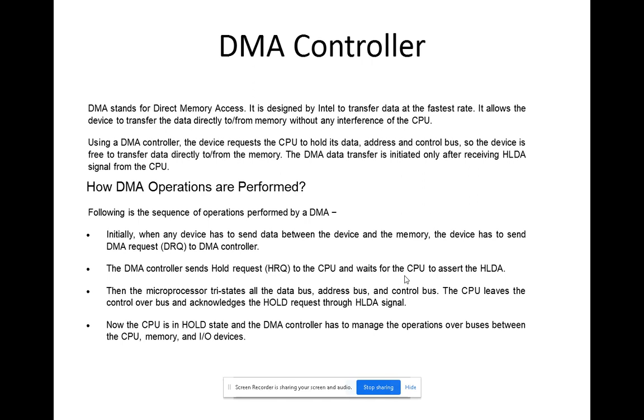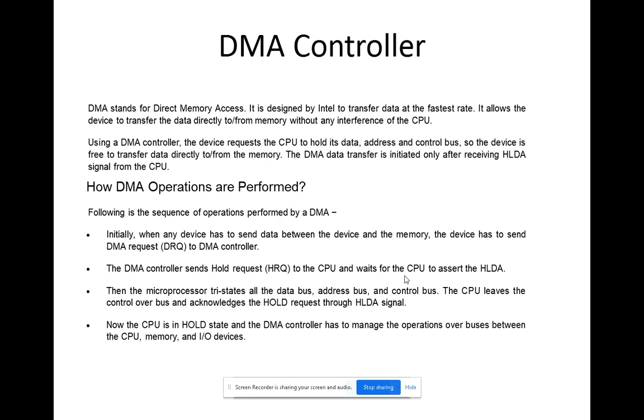The external device needs to access the internal memory of your microprocessor, and then your DMA controller will give a request to the microprocessor to hold. When the DMA controller receives the hold acknowledgement HLDA signal from the microprocessor, your microprocessor will hold all the bus lines.